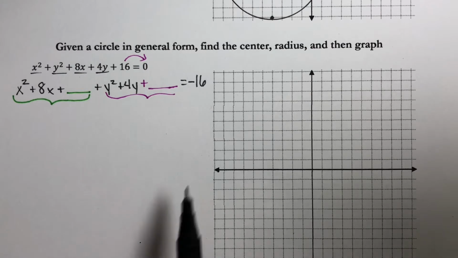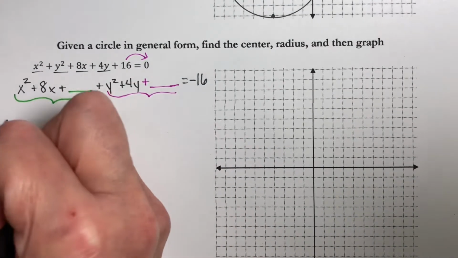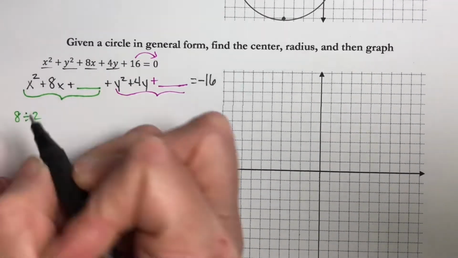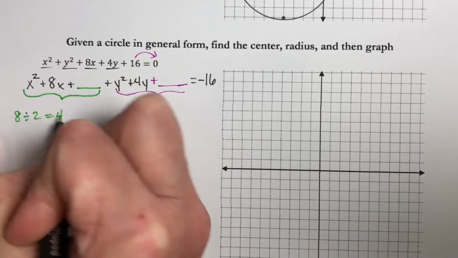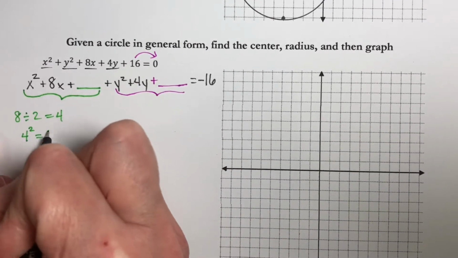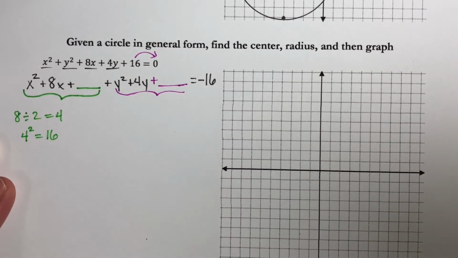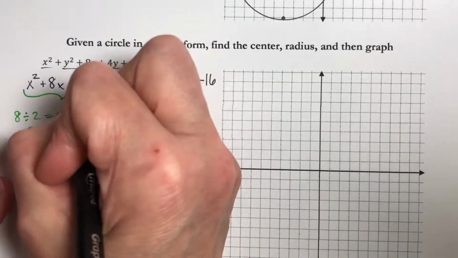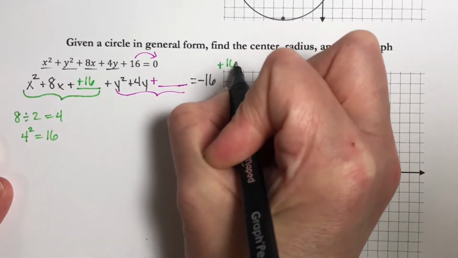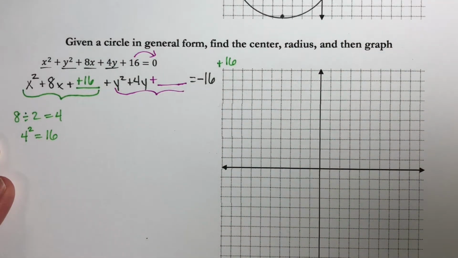We take the number in front of our x, which is 8, divide that by 2, or half it, which gives me a 4. Then we take that 4 and square it to get 16. So what goes right here? Plus 16, and over here, plus 16.